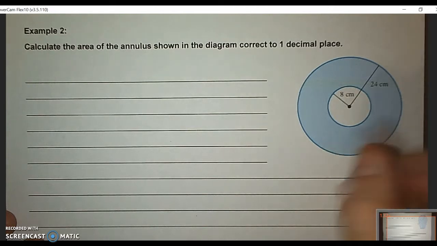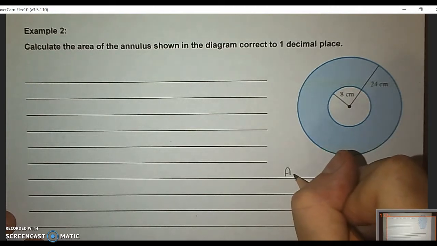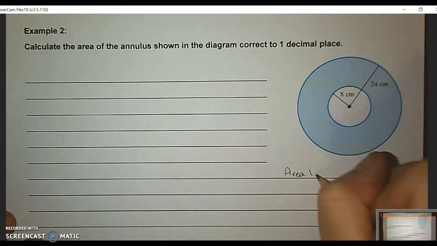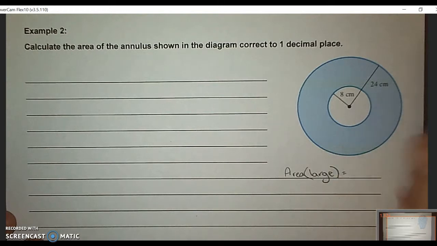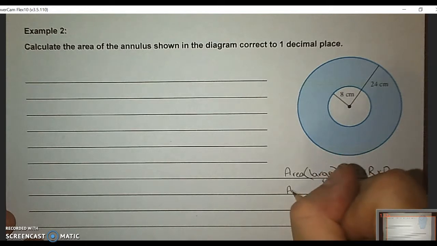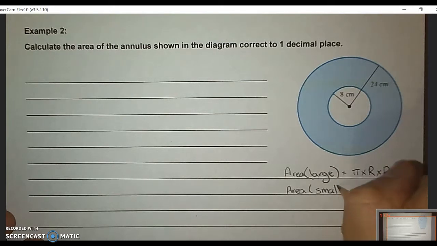So the area of the large is pi times big R times big R, and the area of the small equals pi times little r times little r.